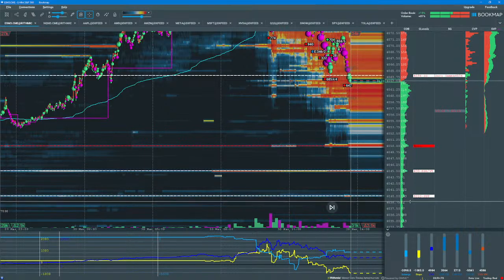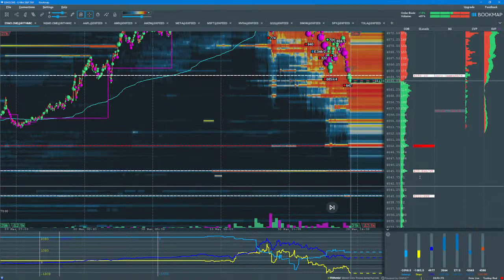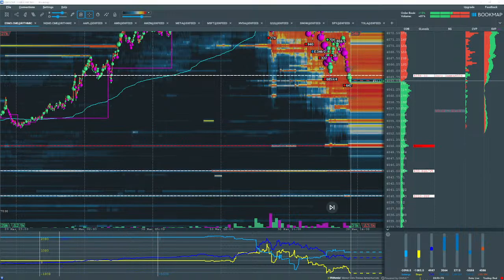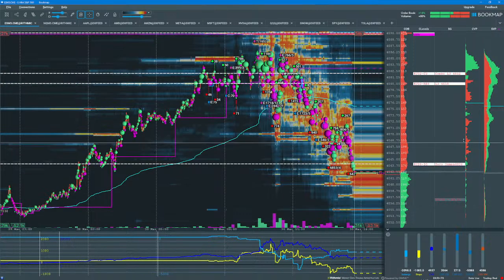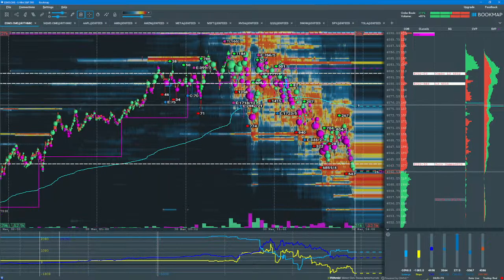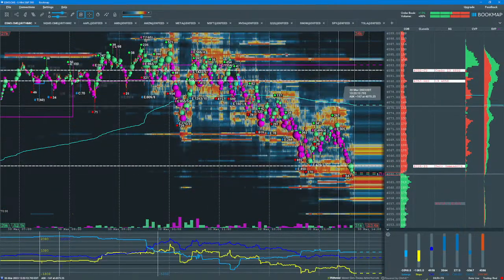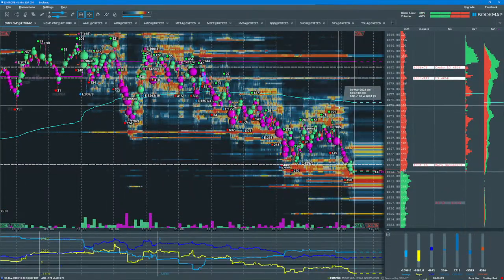And that was noted as support in the SpotGamma AM Founders Note, as well as the 400 level. And we'll talk more about this when I talk about setups in a few minutes.